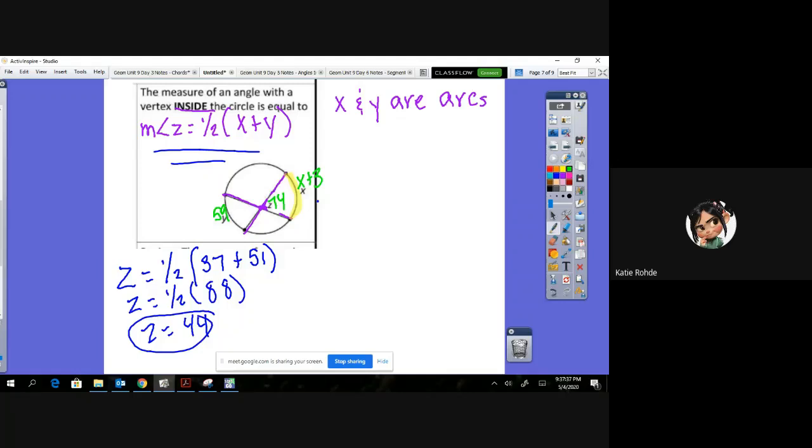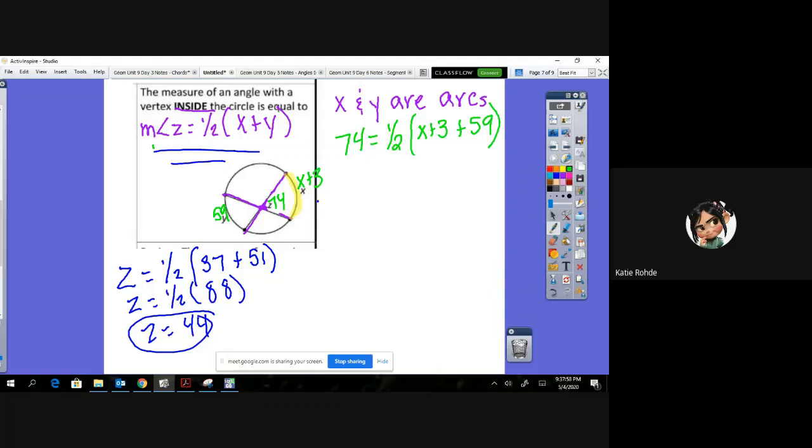Set it up the same way again, except we already know the measure of angle Z. So 74 equals 1/2 of x plus 3 plus 59.